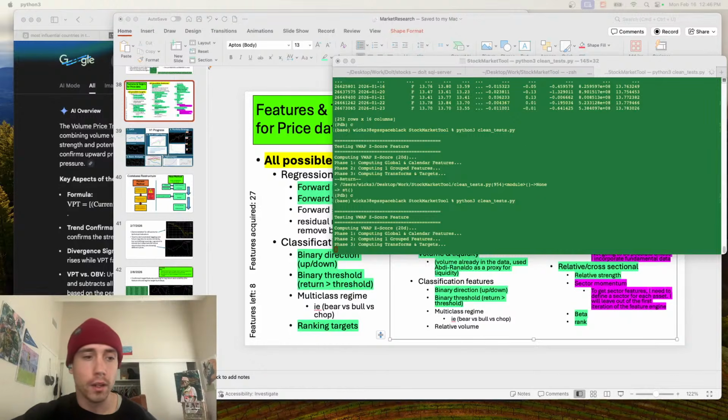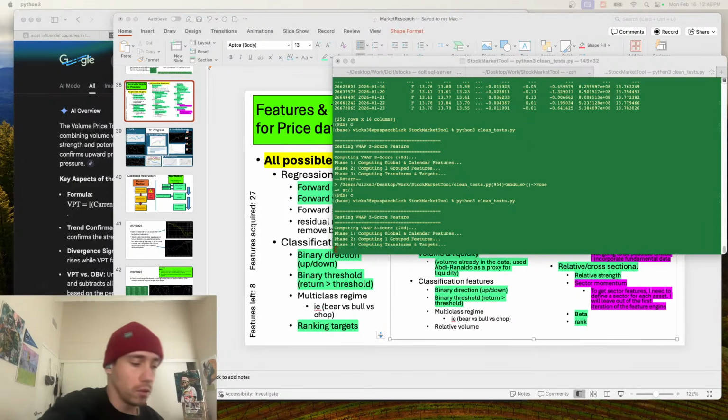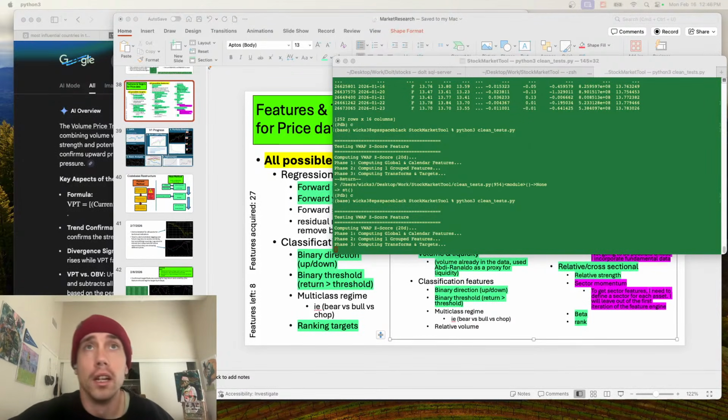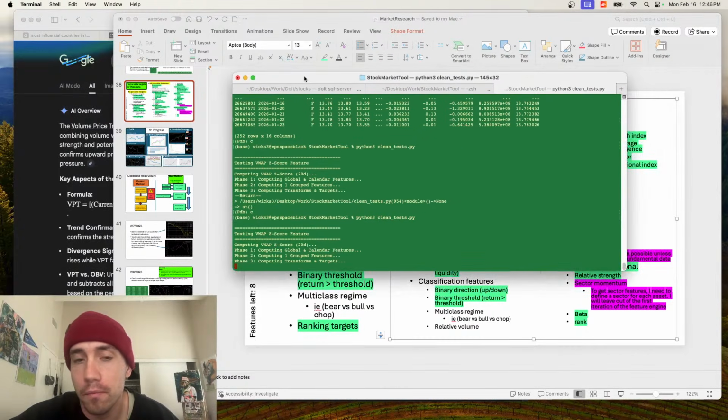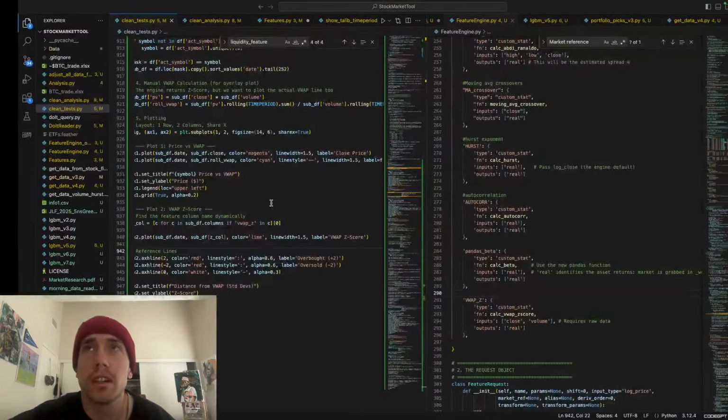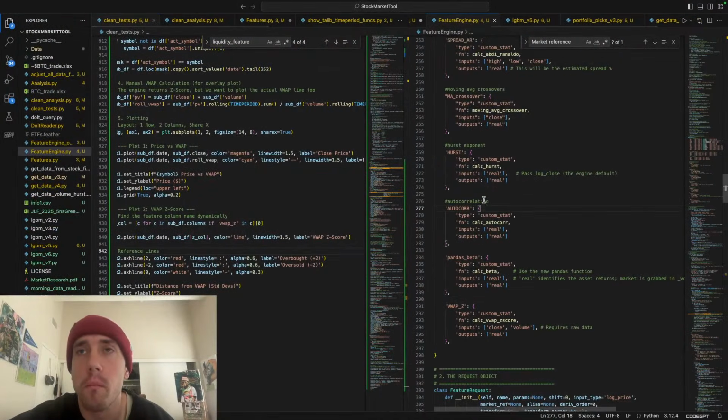Okay, that's what I'll do next time. I'll do VWAP on the mid price. But anyway, I finished my goal for this stream. Oh, both of the charts. Yeah, basically do it with the mid price instead of the close price. Actually, that shouldn't be too hard.